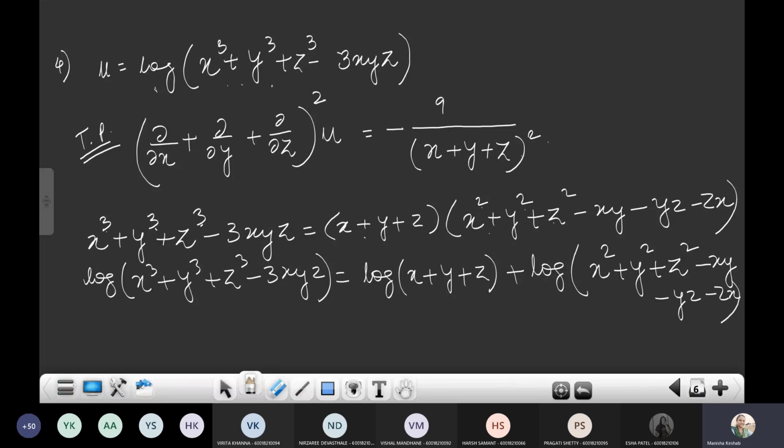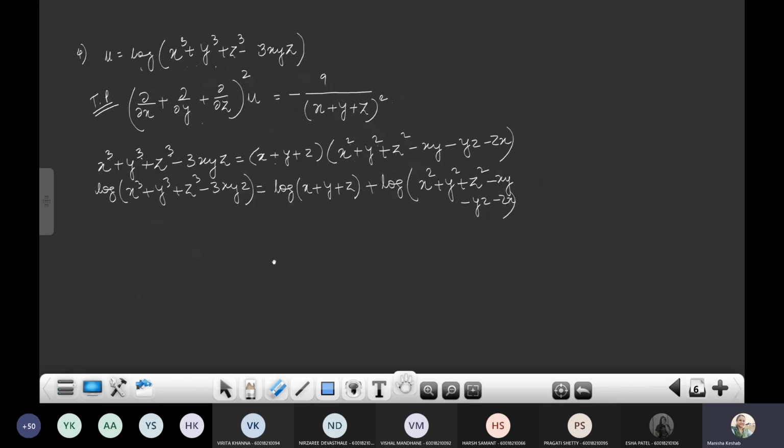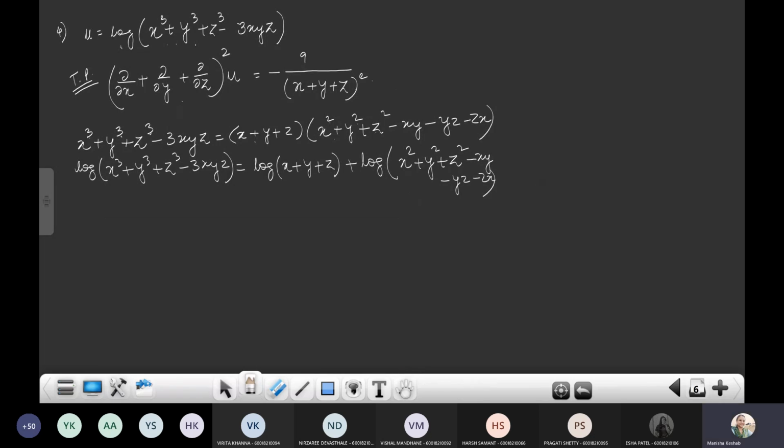Now what we want? Okay, now coming to this, what does this mean? Anyone? This is del/del x plus del/del y plus del/del z, whole square, of u. Now this is an operator, and this operator is operating on a function u, which is a function of x, y, and z.